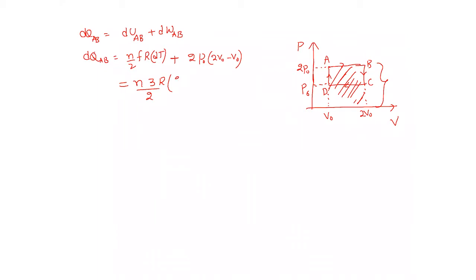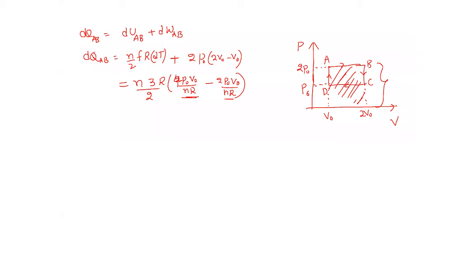So the final temperature minus the initial temperature: 4P naught V naught divided by nR minus 2P naught V naught divided by nR. This is the temperature at B, this is the temperature at A. How do you calculate the temperatures? By applying the ideal gas equation.